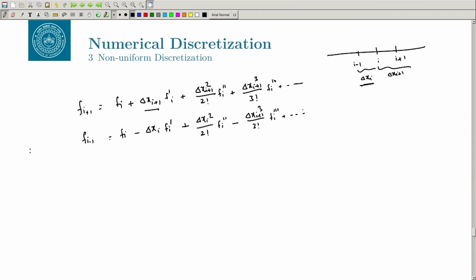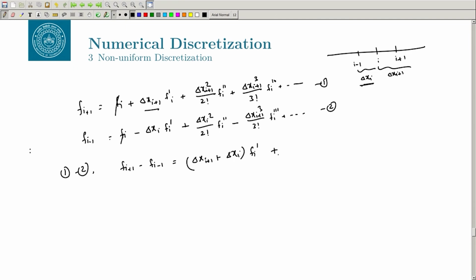This is your 1 and this is your 2. So, do 1 minus 2, that will be f i plus 1 minus f i minus 1, f i will be cancelled, will be equal to delta x i plus 1 plus delta x i times f i prime.